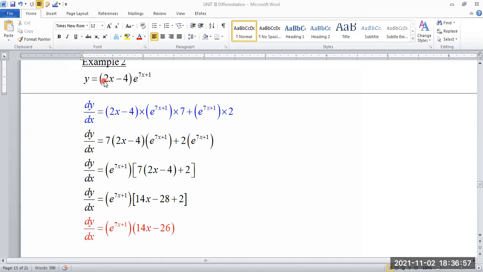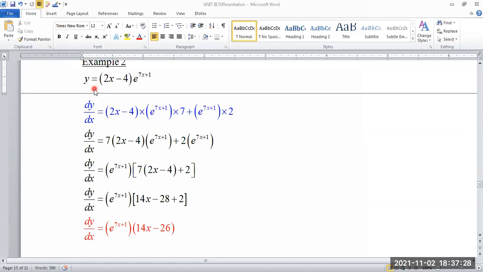So you have a product: 2x minus 4 times e to the 7x plus 1. Trust me, something like this will be on the exam. Don't worry about it. Sir has taught you the product rule: the first times the differentiation of the second, plus the second times the differentiation of the first. Fret not, it will never change. That rule that I give you will carry you through calculus 1, calculus 2, and calculus 3. So you don't have to worry about anything at all.